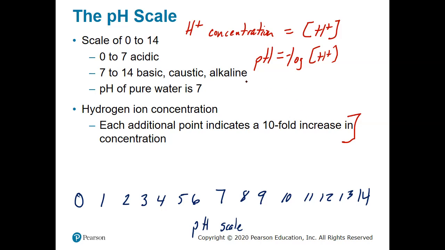And similarly, if we wanted to know the hydrogen ion concentration from the pH, we would take that pH and raise 10 to the negative pH power. Now, I mentioned these specifically because in the lab that you do about acids and bases, there are going to be some questions that ask you to convert between hydrogen ion concentration and pH.